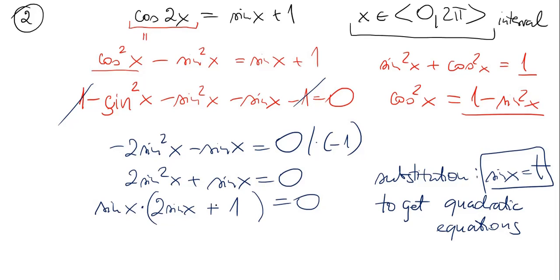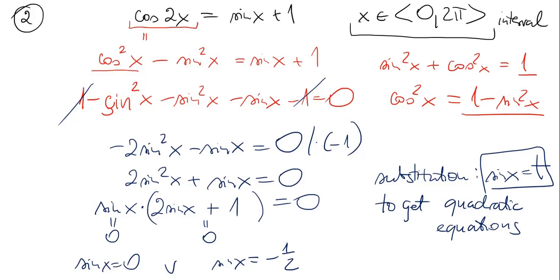And it's a very good idea for this kind of equation, but this particular one is really simple, because as you can see, we can take sine x in front of the brackets, and we are left with 2 sine x plus 1, right? And a multiplication equals 0, so we split into 2 equations, which is so easy.